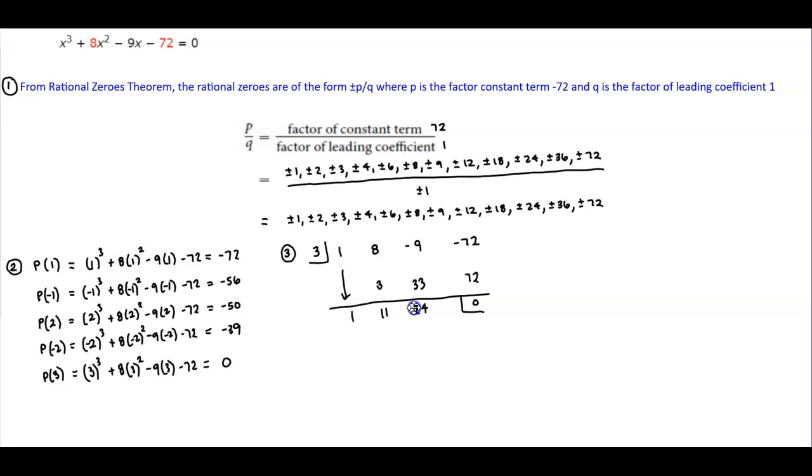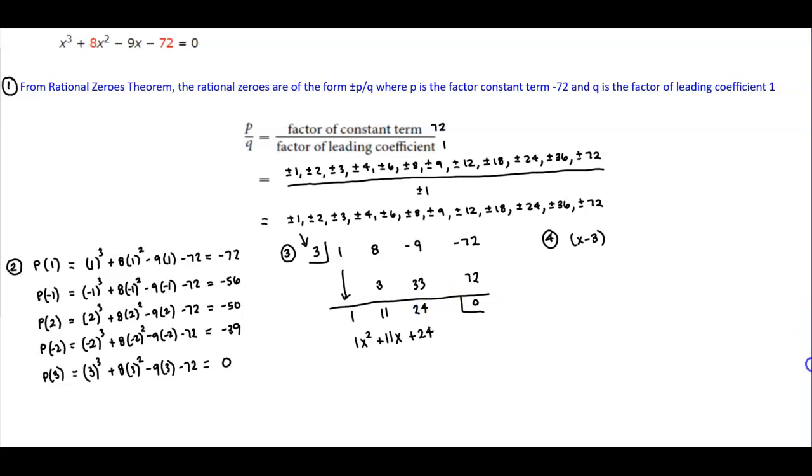Well, that tells us that since the synthetic division is for 3, x minus 3 is a factor. And then down here, we should see that the quotient becomes 1x squared plus 11x plus 24.